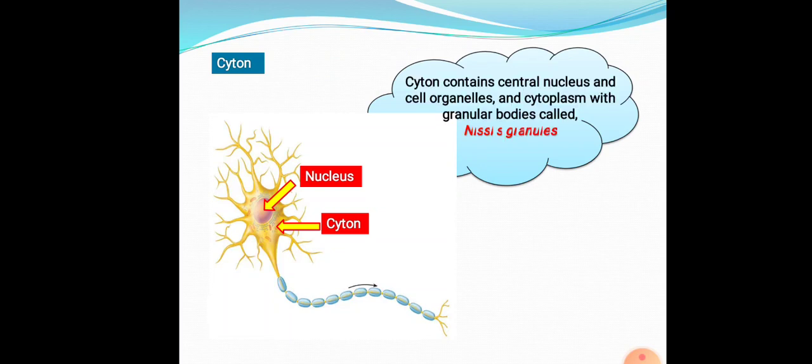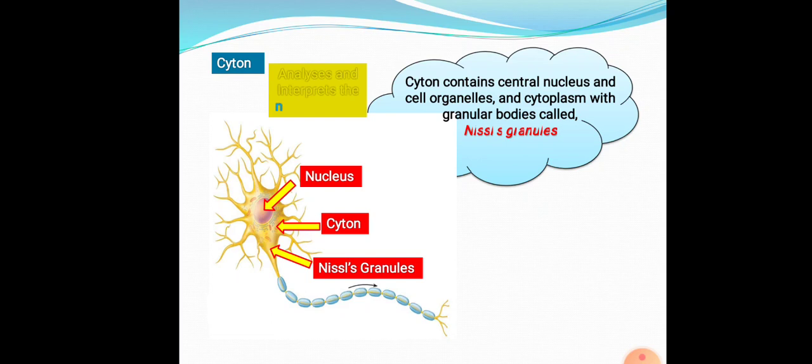The cyton contains a central nucleus, the cell organelles, and cytoplasm with granular bodies, and those granular bodies are called Nissl's granules. These are the Nissl's granules. The main function of the cyton is the analysis and interpretation of the nerve impulse.